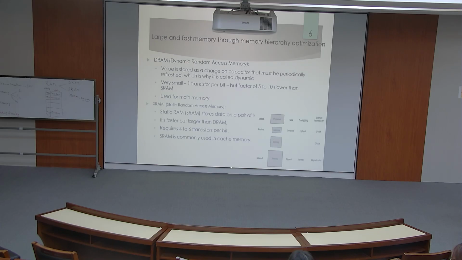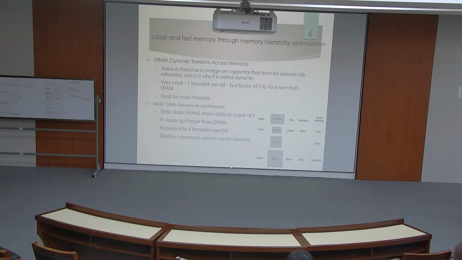So we use static RAM to store data using a pair of logic gates, and it is faster compared to the DRAM. It has to include 4 to 6 transistors per bit, and this type of memory, static RAM, is mostly used in cache memory, as we have seen from the memory hierarchy.